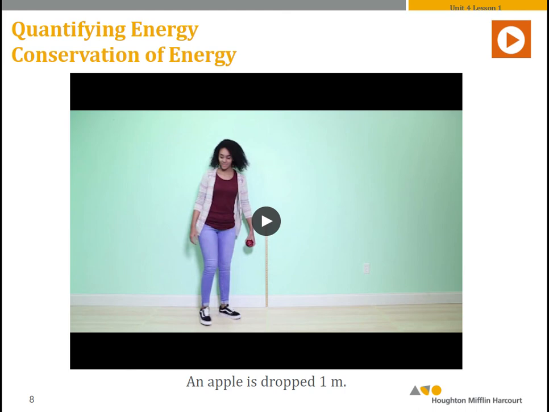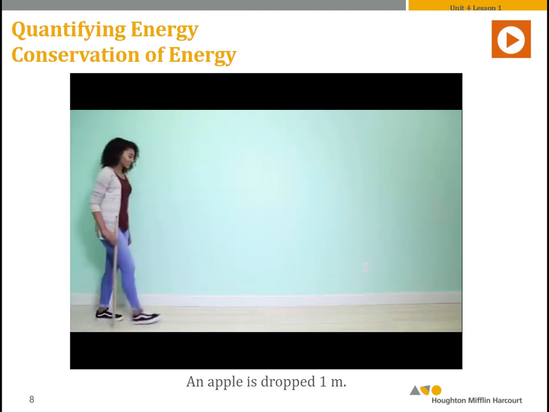Right before it hits the ground, that 1 joule of potential energy will have converted to about 1 joule of kinetic energy. Notice an apple doesn't bounce very high, so that means that mechanical energy, a combination of potential and kinetic energy, will convert almost entirely into sound energy and internal energy. And so the apple does not bounce very high. Oops.